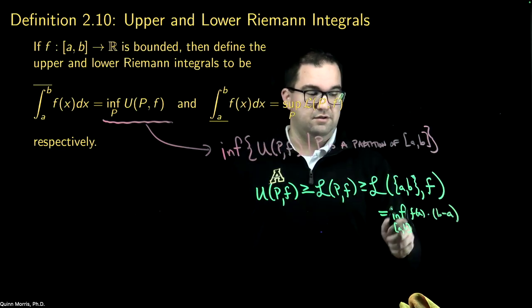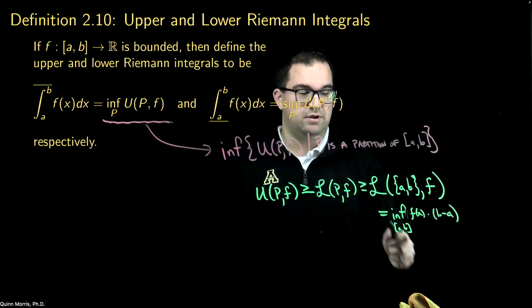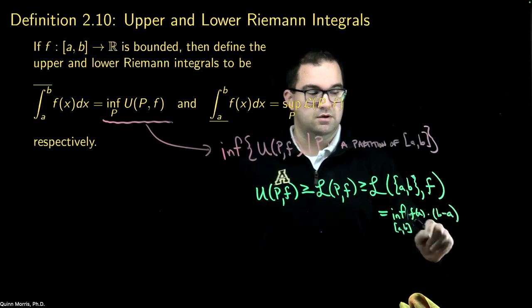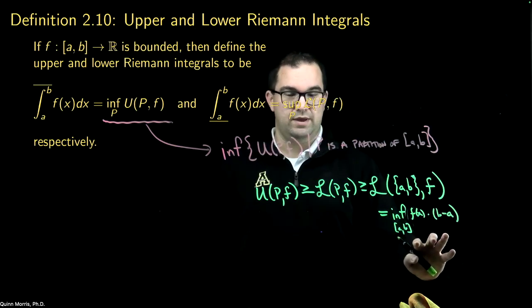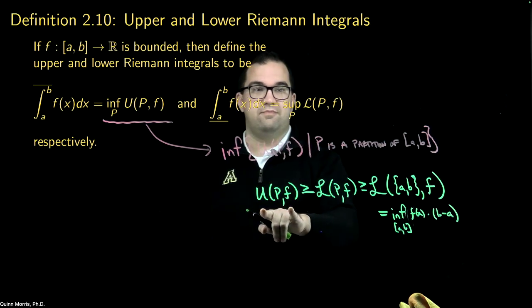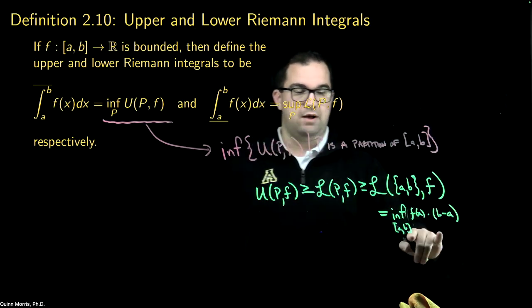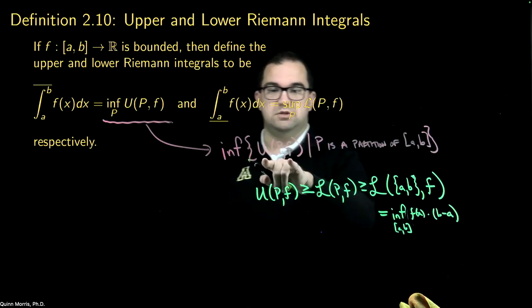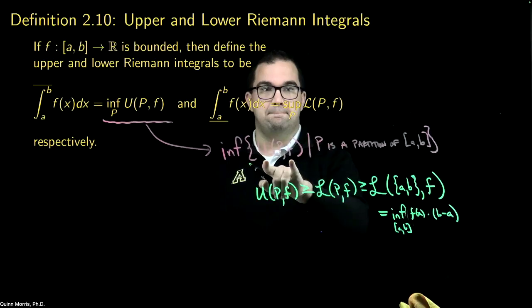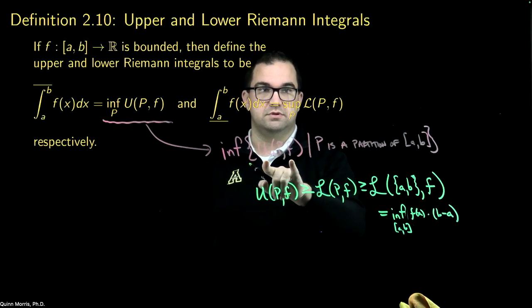The infimum of this function, because it's a bounded function, must exist. So whatever this value is, I know all of my upper sums for any partition are bounded below by this. So this is a non-empty bounded set of real numbers.